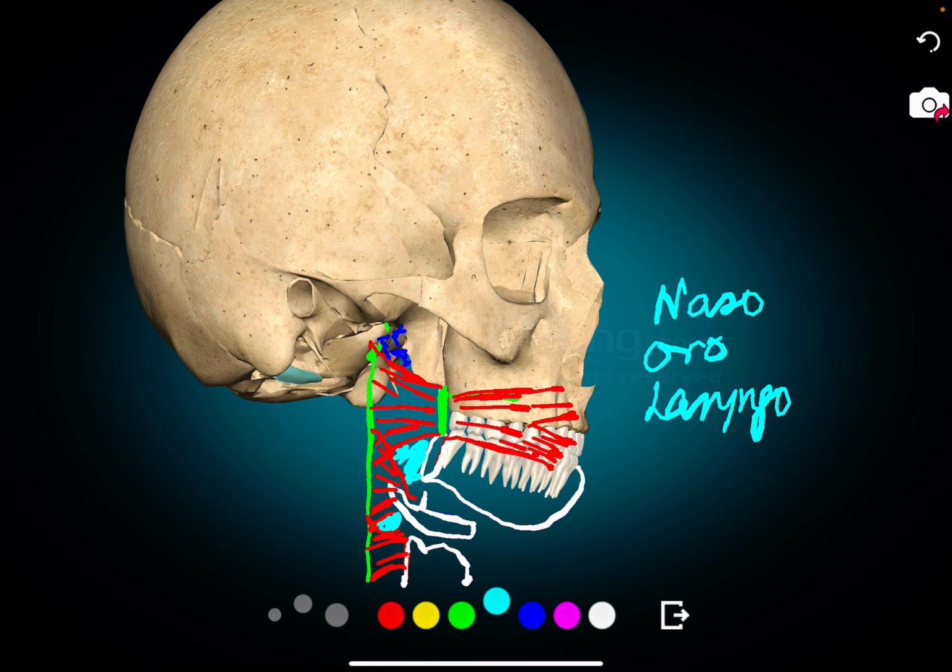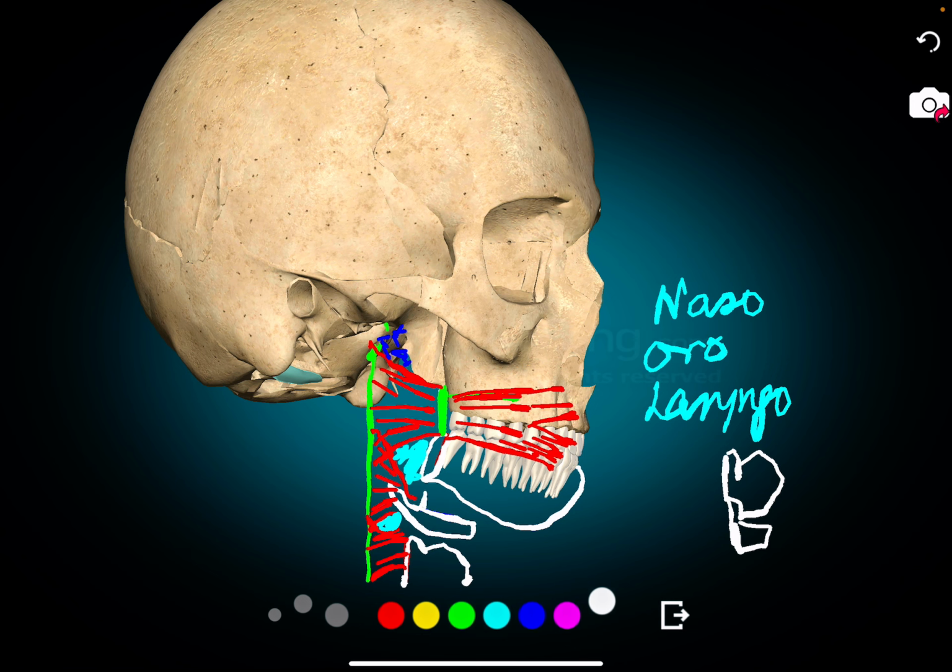And then the laryngopharynx behind the cricoid goes into the esophagus. After the thyroid cartilage there's the cricoid cartilage, which forms a posterior border.